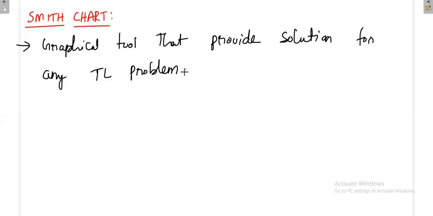Whenever impedance is there, you can calculate the admittance, but the graph is drawn based on the impedance parameters. So the Smith chart is a graphical tool that provides solution for any transmission line problem, without any limitation.